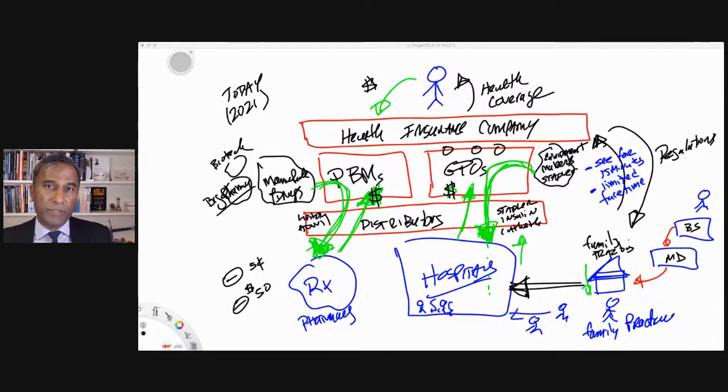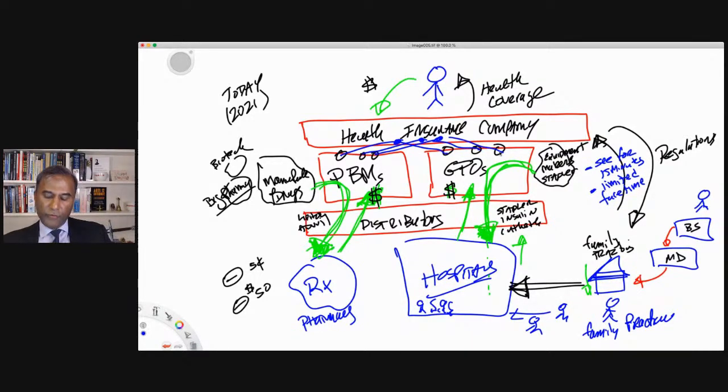Same on the PBM side. By the way, just to let you know, there are today 3 PBMs over here. This is also consolidated. And guess what? The major insurance companies, the 3 major insurance companies over here, are consolidating. They're each buying a GPO and a PBM like this, and like this, like this.